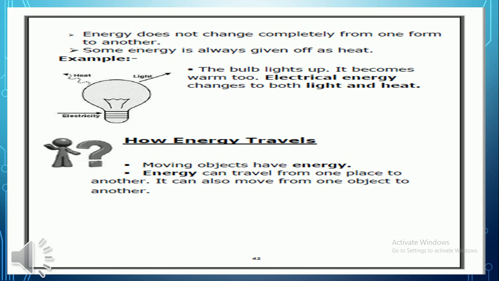It will become hot. This means that energy moved from this cup of tea to the spoon. So energy moves from one object to another. If we turn on the light inside this room, and you are outside the room, you can see the light. So this means that light travels from this room to the outside of the room.